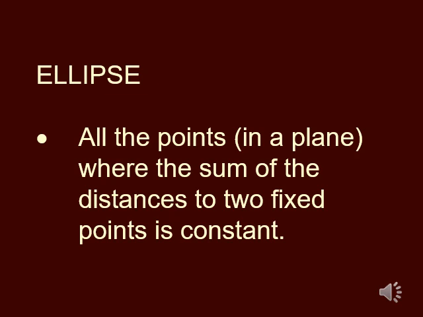Remember, for a circle, the distance to one point was always the same. Here it's the sum: you add up the distances to two fixed points, and that ends up being constant.